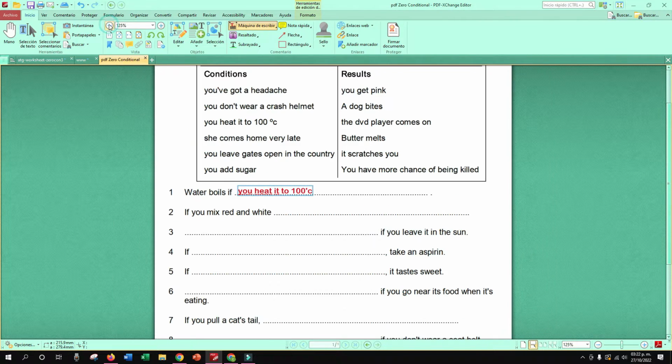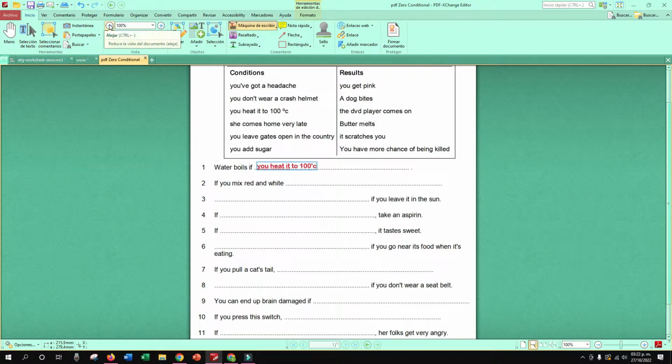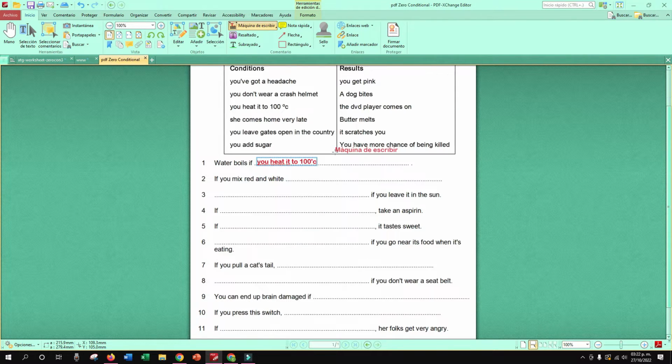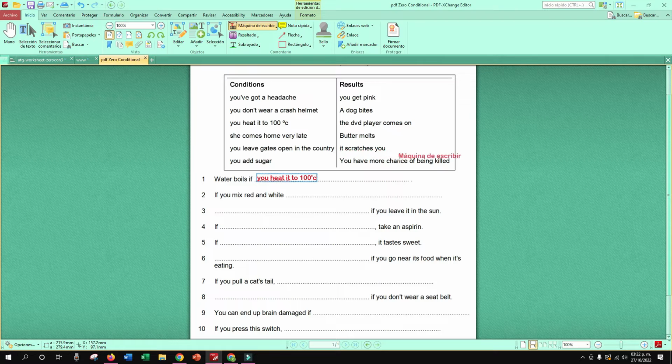I will do this. Creo que está bien pequeño, pero de igual forma ustedes pueden hacerle zoom, ¿verdad? Si es necesario. Solo hagamos hasta la número 10, ¿ok? So you have to use maybe the conditions column or the results column.